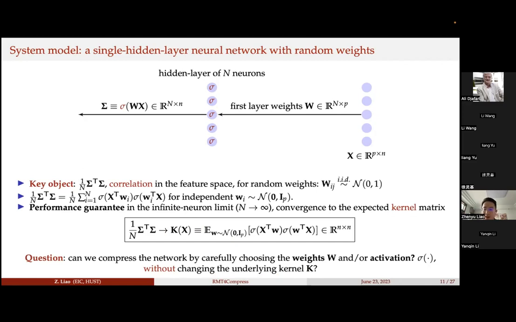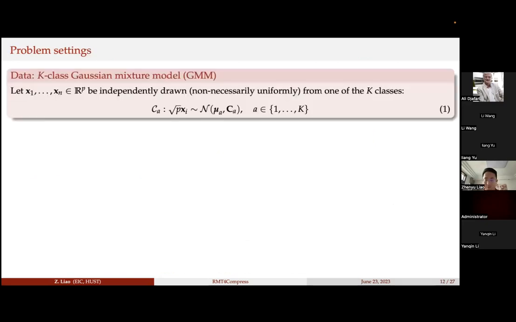And we hope to find a second neural net that can be computed much more easily, for example, with sparse weights and sparse and quantized activation functions, so it has good numerical properties, but without changing the underlying kernel, so that the performance of these two neural nets is the same. And we're going to do some analysis and propose our method.